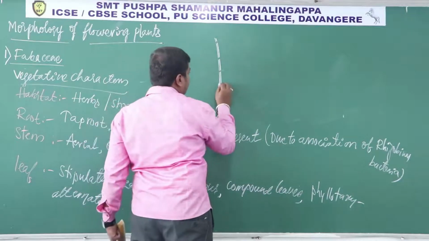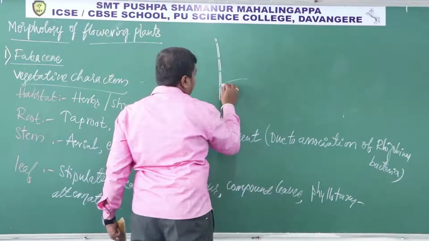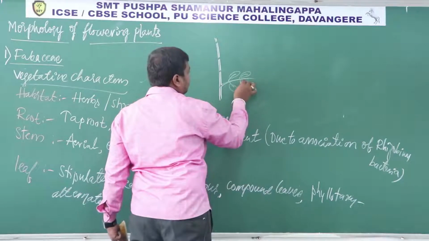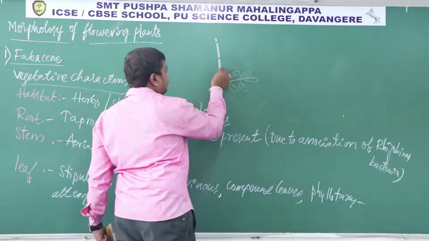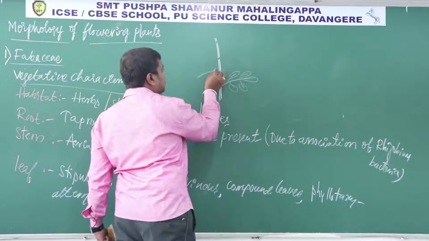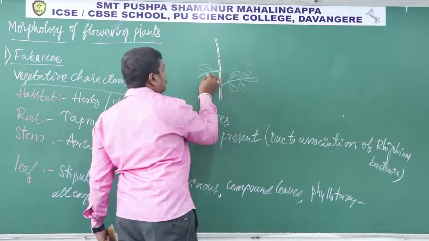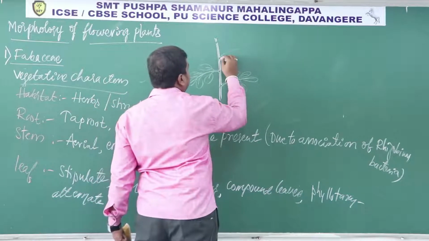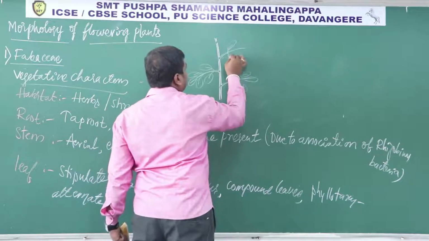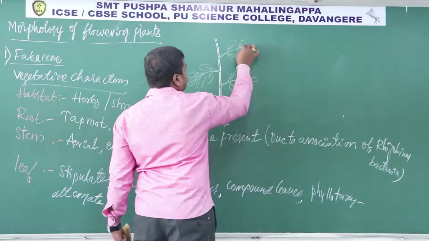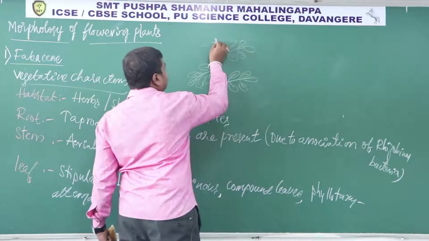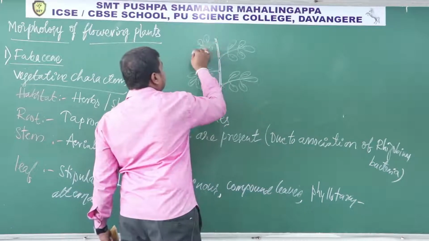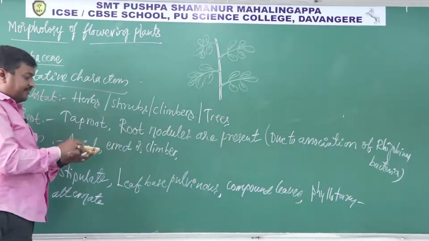So each node bears leaves like this on an alternate basis. Okay, so this is alternate phyllotaxy.